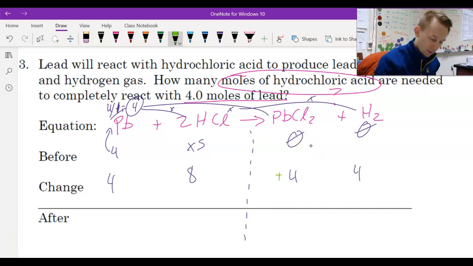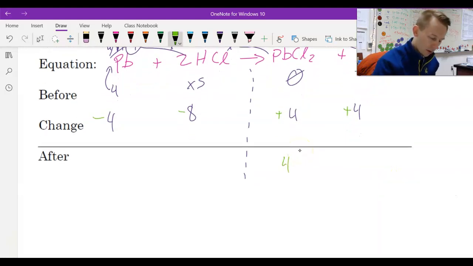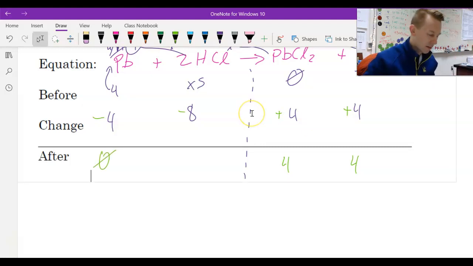Now we have to add our products and subtract our reactants, because the reactants get used up and products are produced or made. In the end, we end up with 0 lead, because that's our limiting reactant that gets used up. And I don't know how much HCl is left.